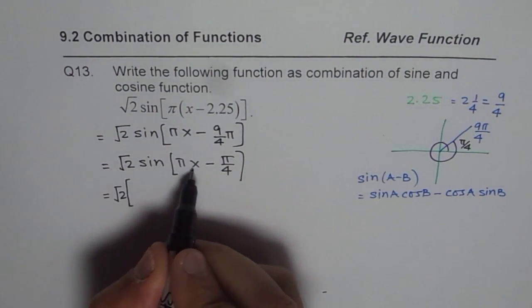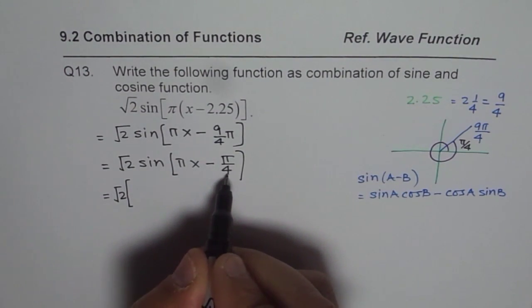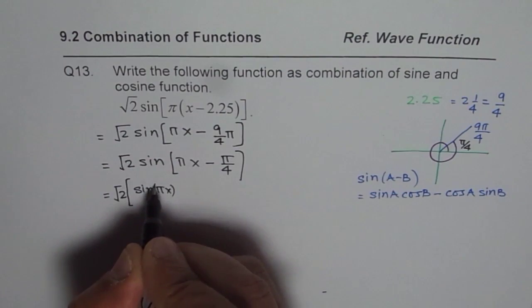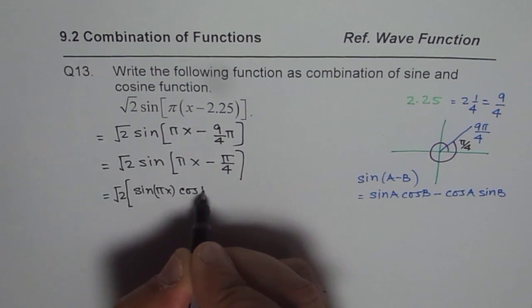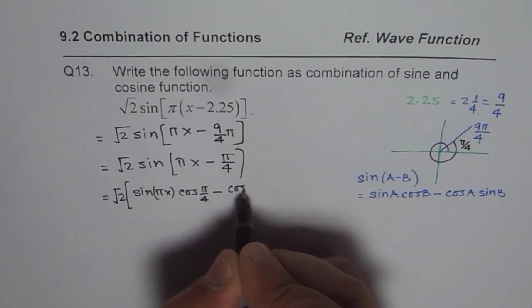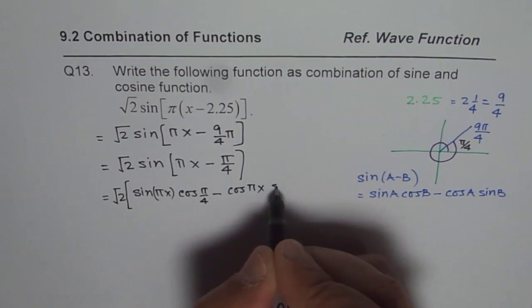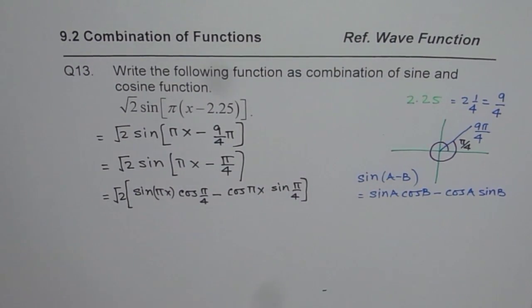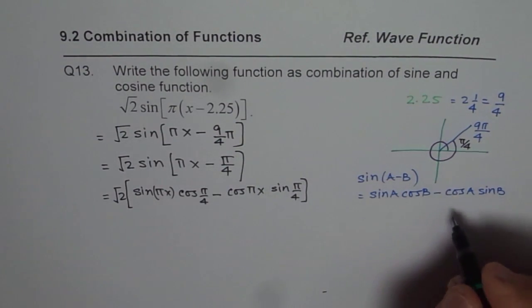A is pi x and B is pi by 4. So we get sine of pi x times cos of pi by 4 minus cos of pi x sine of pi by 4. Correct.